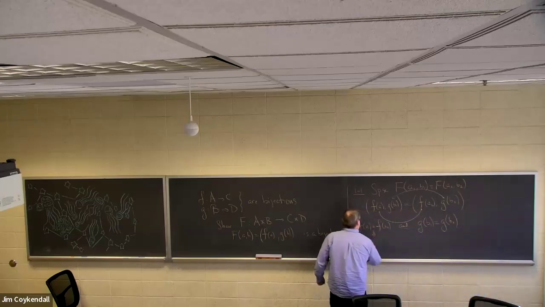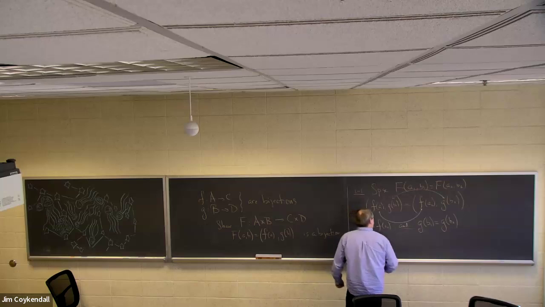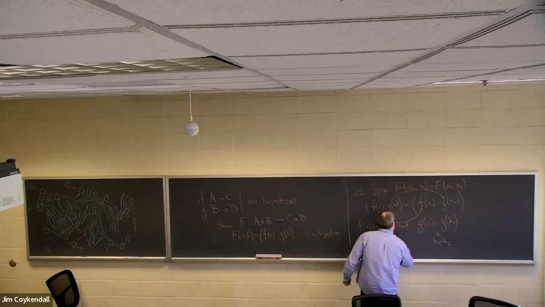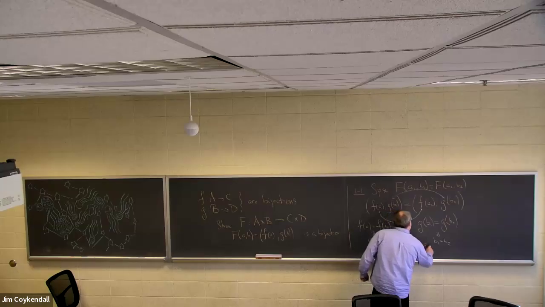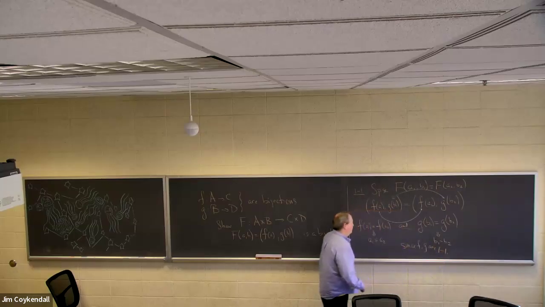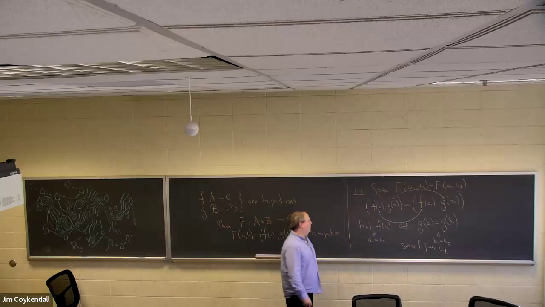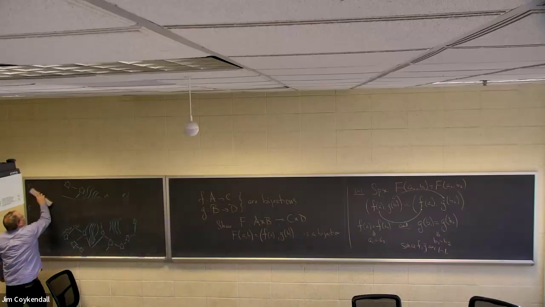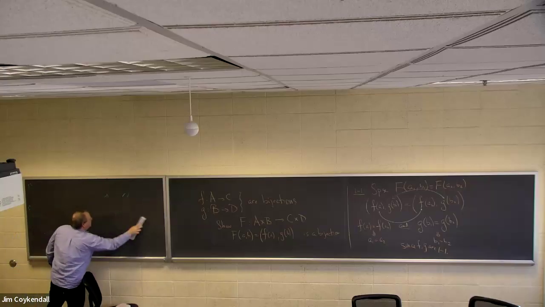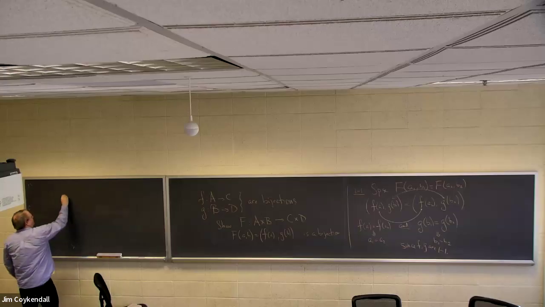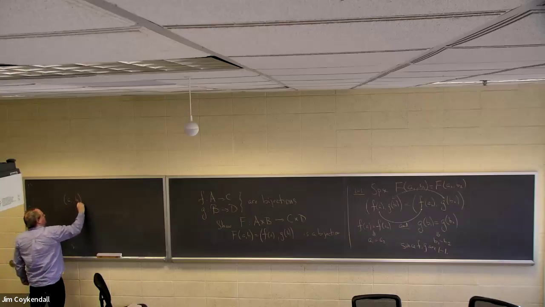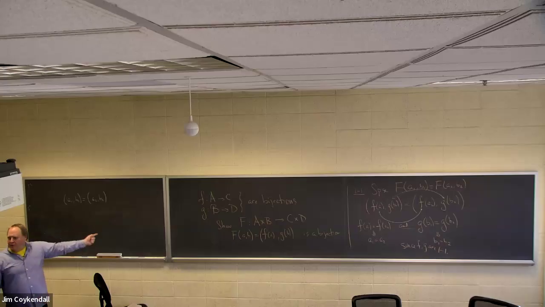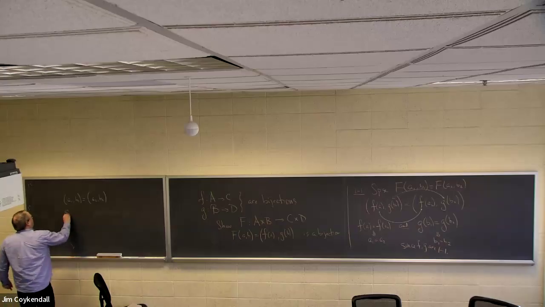So... Now we're almost there. So A1 and A2 are the same, B1 and B2 are the same, so the ordered pairs are the same.